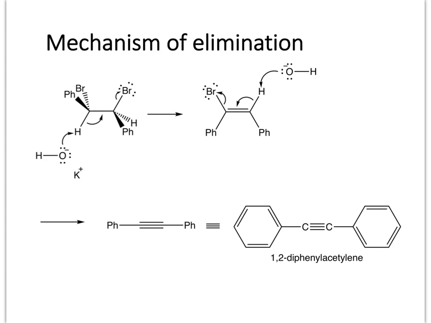If we're looking at this mechanism, this is a typical E2 reaction. And I've drawn this so that our hydrogen, our beta hydrogen, and our leaving group are anti to each other and coplanar.